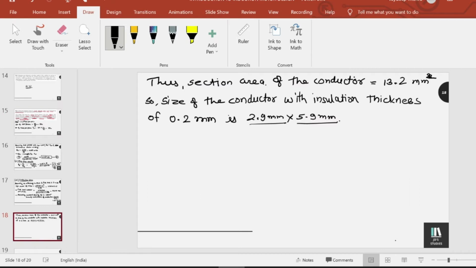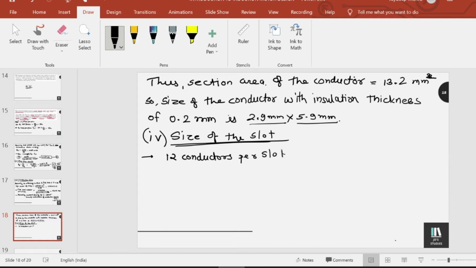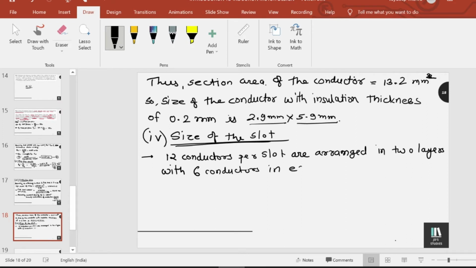So 12 conductors per slot are arranged in 2 layers with 6 conductors in each layer.